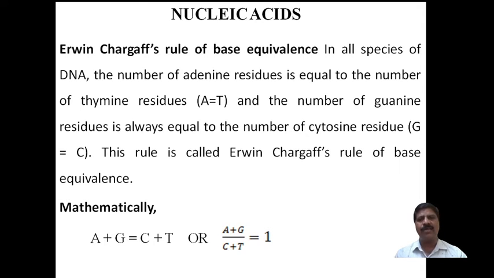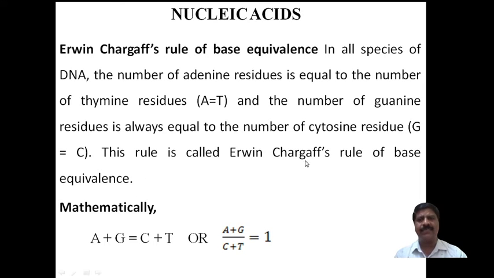Irving Chargaff is the biochemist who discovered the base equivalence rule. Base means these nitrogenous bases, which are equal to each other in one aspect that can be explained in the form of base equivalence.